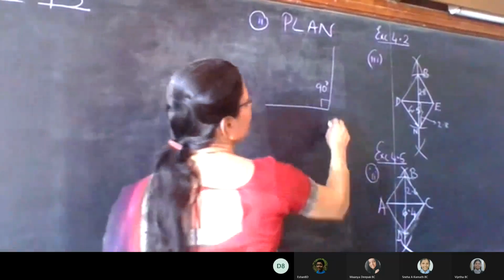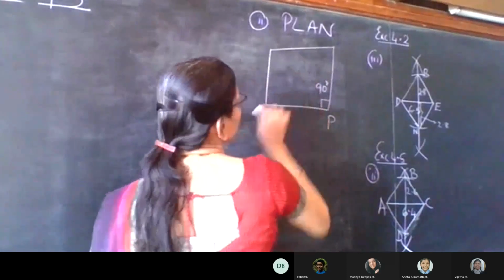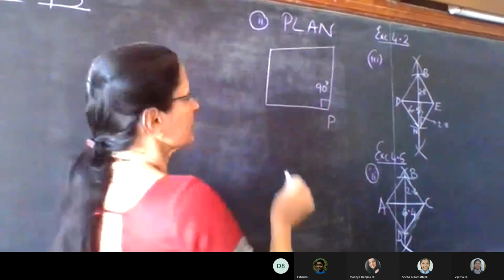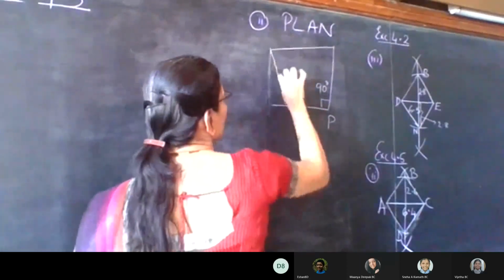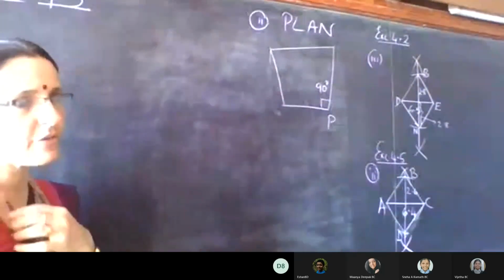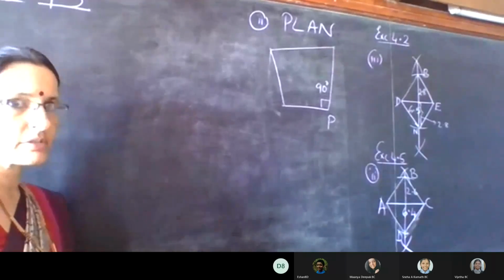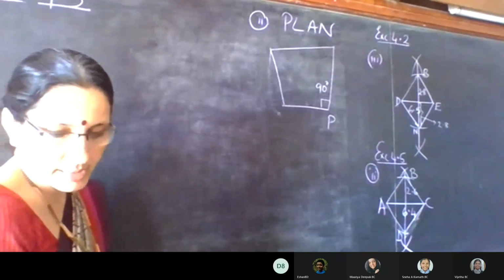So this is P, and let it be random, because I don't know how it looks like. Draw it random only. As it is rough figure, it need not be as per the actual one. So 90.